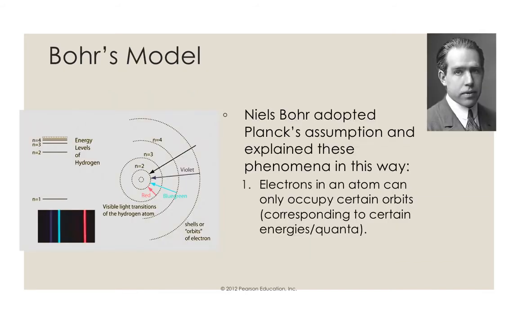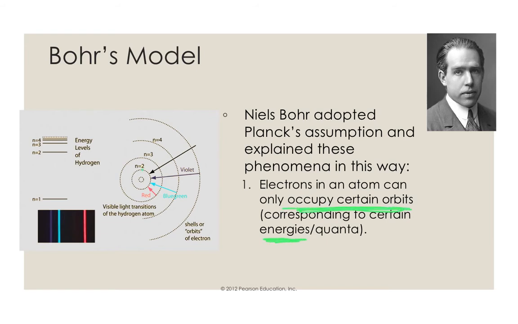Scientists wondered where these spectral lines were coming from, and a scientist by the name of Niels Bohr came up with the first idea to help explain this. Basically, Bohr said, Planck was talking about these quanta of energy, these little packets of energy, that you can have steps of energy, but you can't have continuous energy. So when we talk about electrons going around the nucleus, they can only occupy certain orbits corresponding to certain energies.